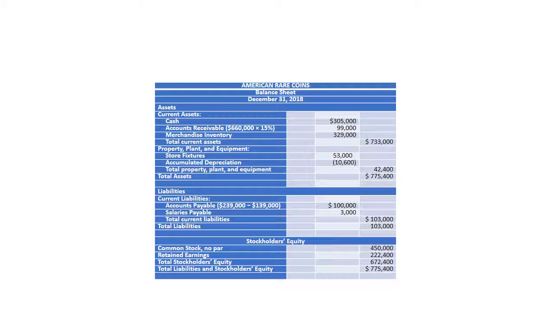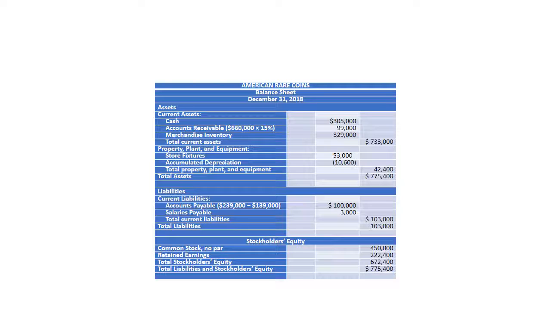First of all, our current assets would be cash of $305. Accounts receivable would be the $99,000 debit balance. And merchandise inventory has a debit balance of $329, which, like I said, if you take all these transactions and create journal entries and post them right into the T accounts, you'll get these answers. Property, plant, and equipment.